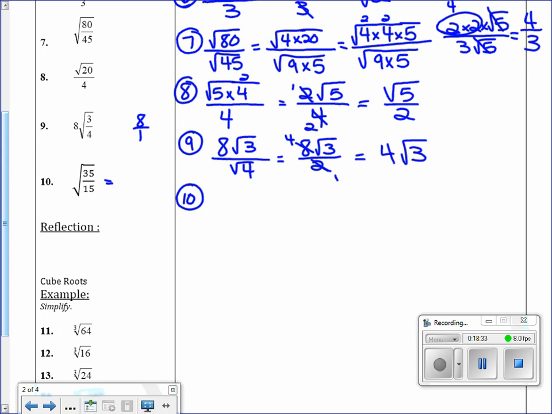So this actually is the same as saying 7 over 3. Remember, there are all these rules that we need to consider before we go any further. So we have the square root of 7 over the square root of 3.